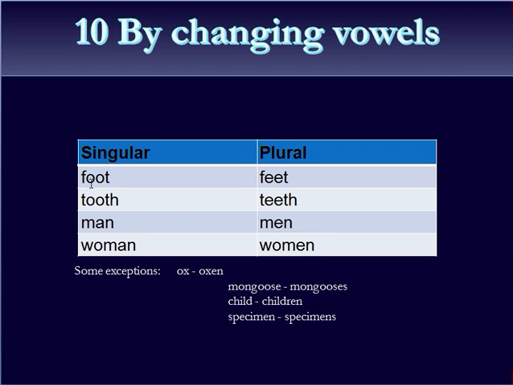Like foot changes into feet, we have changed the vowels. Tooth changes to teeth, man changes to men, woman changes to women. Okay, now some exceptions here. Ox changes to oxen, mongoose does not change to mongeese but changes to mongooses, child changes to children, and specimen changes to specimens.